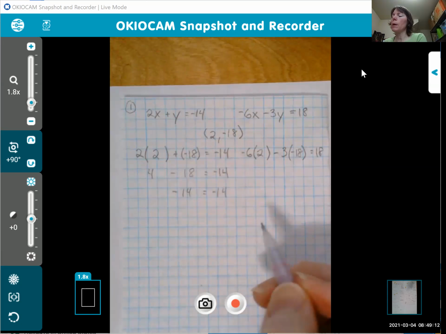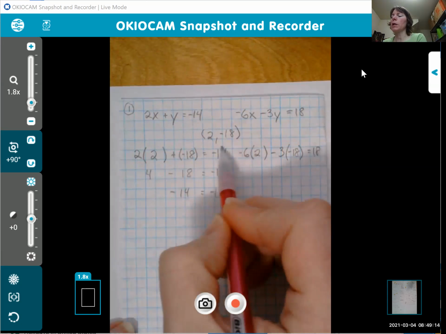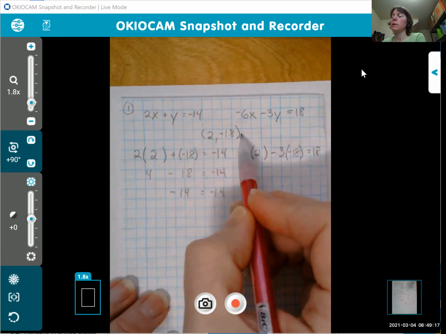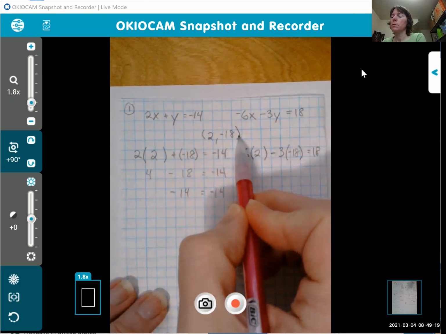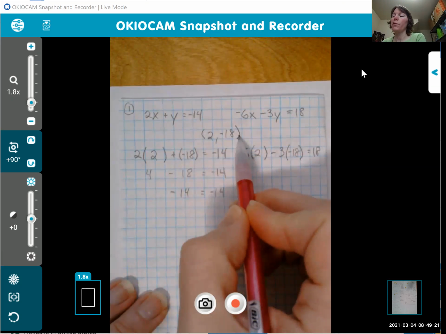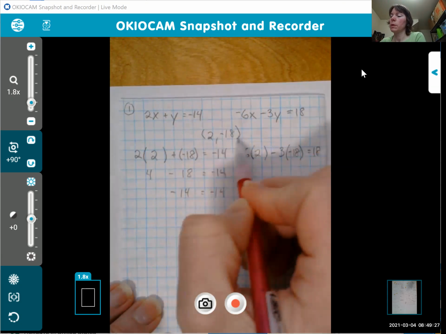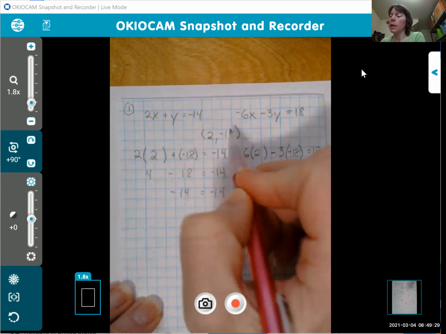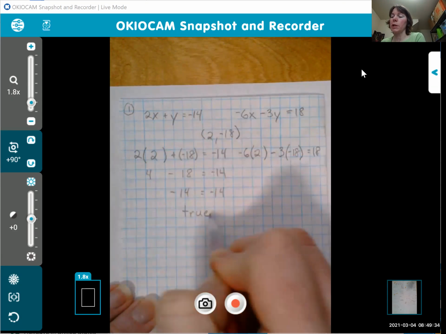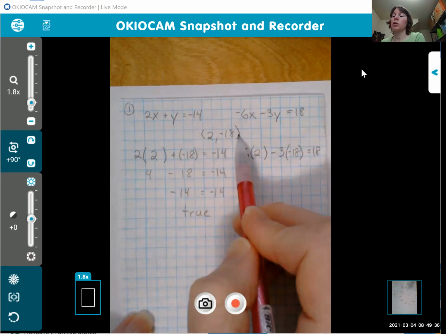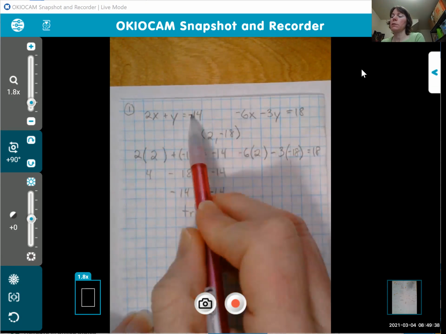And really, when we were up here, we were trying to ask, is it true or false that this is the solution to this system, right? Is this true? Is this the solution? And here we're finding out that for this equation, at least, it is a true statement. It is a true statement that this is the solution to this.